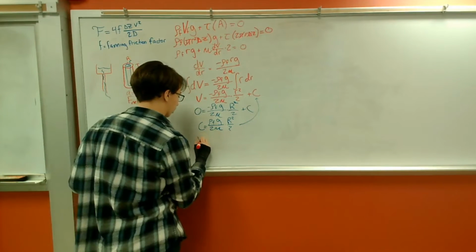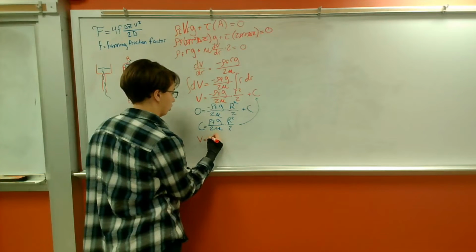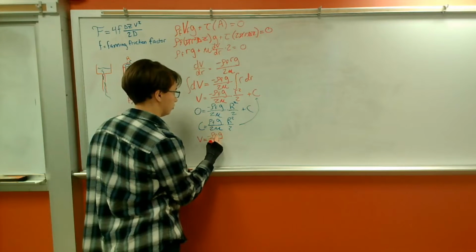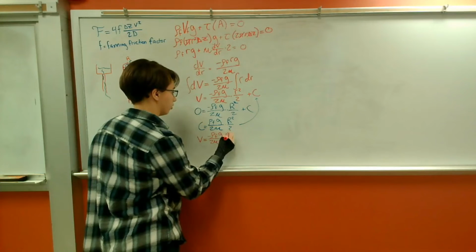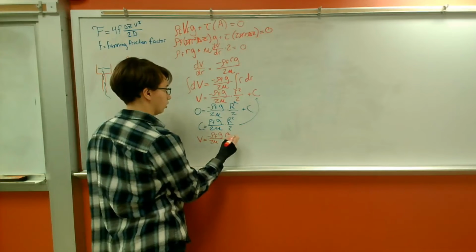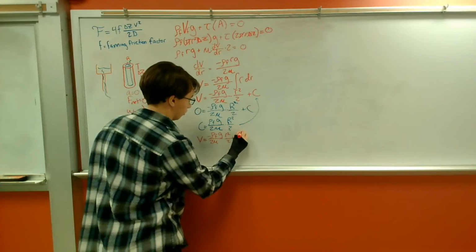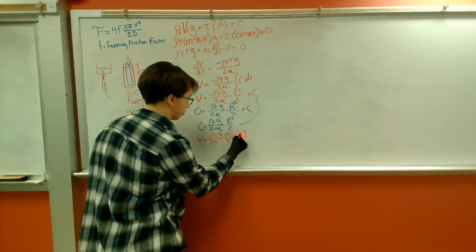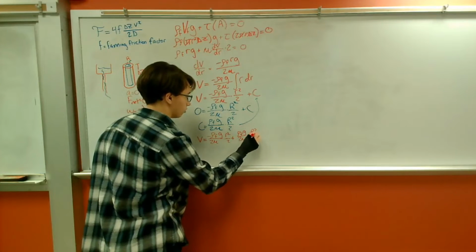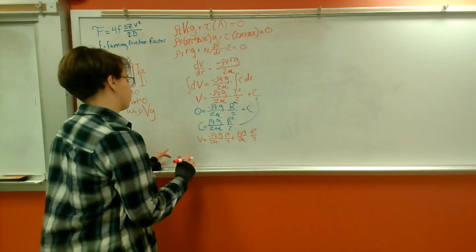And so we've got that our velocity is equal to negative density of the fluid times acceleration due to gravity over 2 mu times little r squared over 2, and then plus c, which is the density of the fluid times acceleration due to gravity over 2 mu times big R squared over 2. And you'll notice we have some commonalities between these two terms, so I'm just going to factor them out.